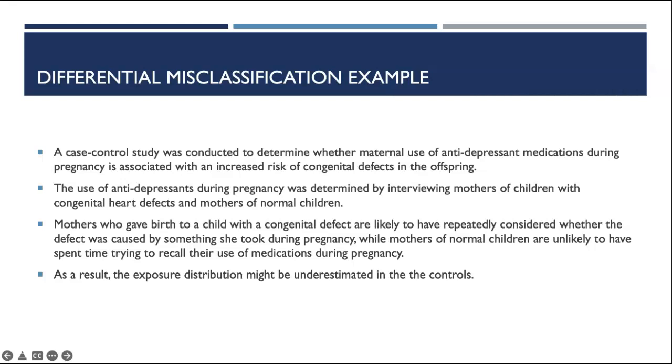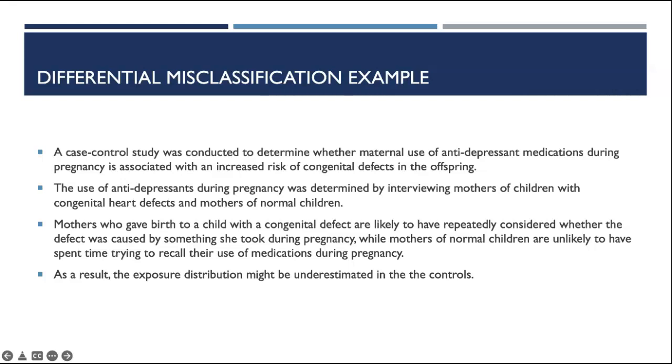Mothers who gave birth to a child with a congenital defect are likely to have repeatedly considered whether the defect was caused by something she took during pregnancy, while mothers of normal children are unlikely to have spent time thinking about that, trying to recall their use of medications during pregnancy. As a result, the exposure distribution might be underestimated in the controls.